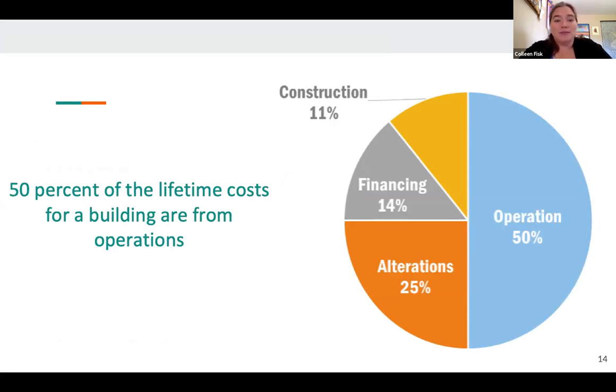Looking at this 14% financing, the cost that I have to pay over the lifetime of owning this house, is a little bit discouraging, but that's okay. I also know that operations are 50%. This is a pretty energy efficient house. I can make a lot of choices that can reduce its energy use. And so those operations are a big piece where you can save money and of course, reduce your greenhouse gas emissions by being more efficient in the operations of your buildings.